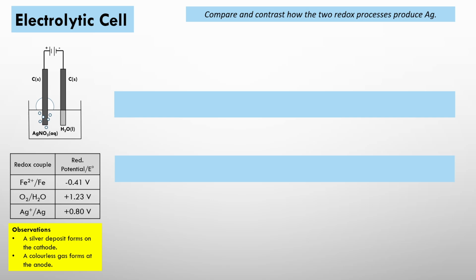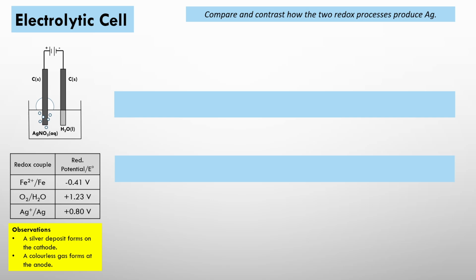I've given three, but it's not going to be the Fe2+ and Fe, as there are no iron species in this cell. But we do have silver ions, Ag+, in the form of silver nitrate. When silver nitrate is aqueous, it's really just Ag+ ions and NO3- ions. We also have water in here, which is part of this redox couple.